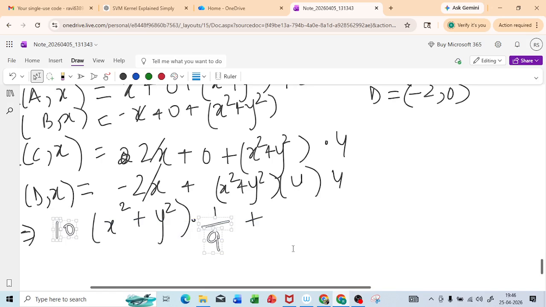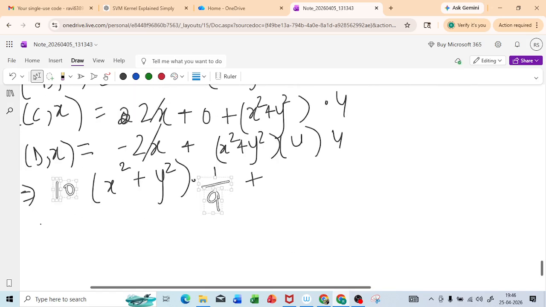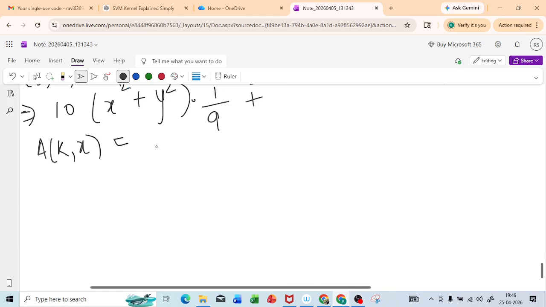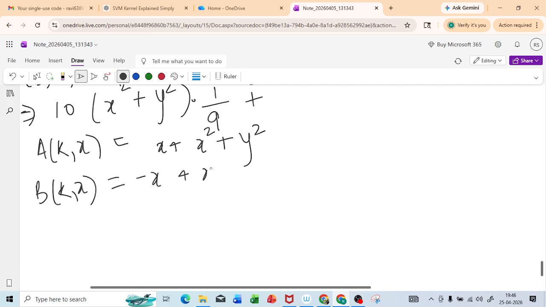Okay, so let it remain as it is. We know what it is, akx. So let's write it: akx is x plus x square plus y square. B kx was minus x plus x square plus y square, which is fine.